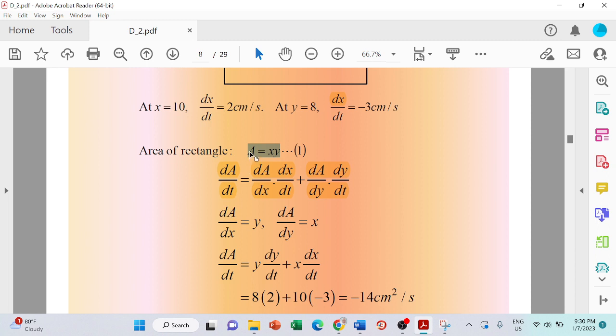So bila kita nak bezakan A terhadap X, dekat sini Y ni kita assume constant lah. So that's why sini kita dapat Y. A sama dengan XY, so DA DX dapat Y. A sama dengan XY, bila cari DA DY dapat X. So proses ni macam kita buat tadi. Okay, cuma sekarang kita ada area.